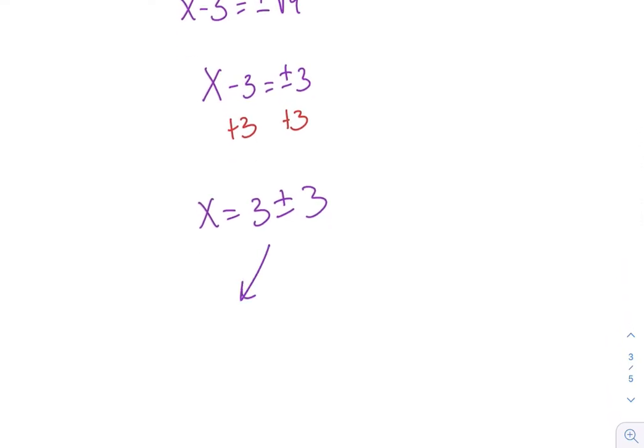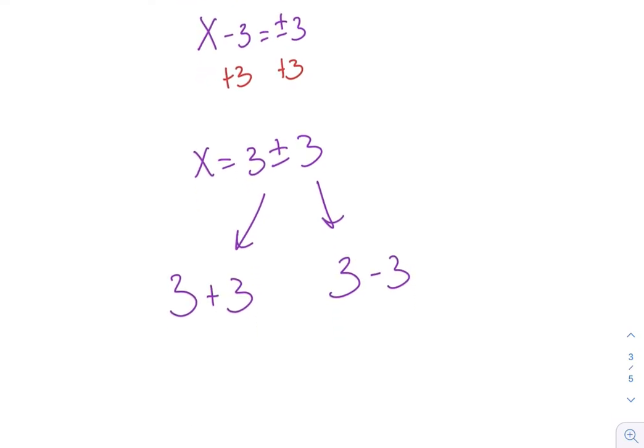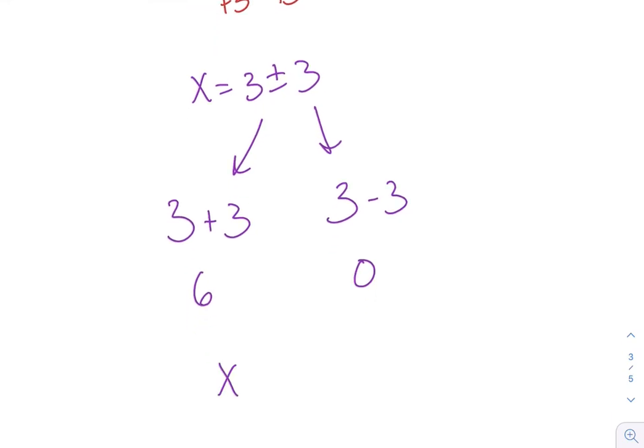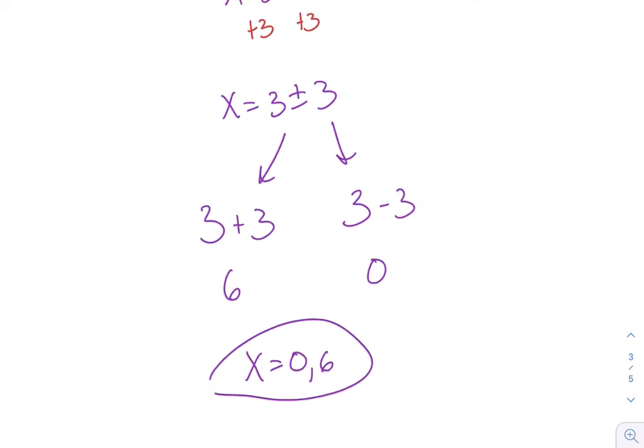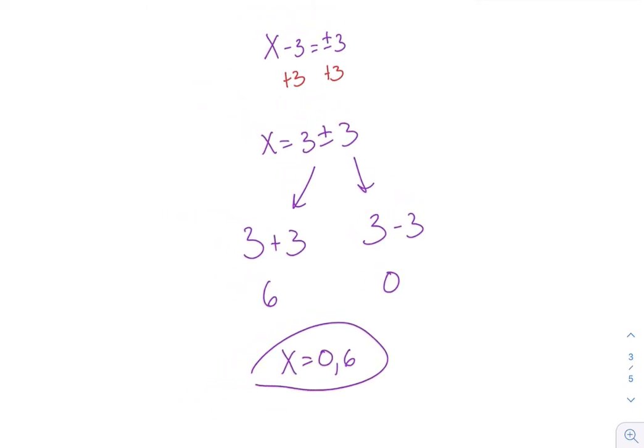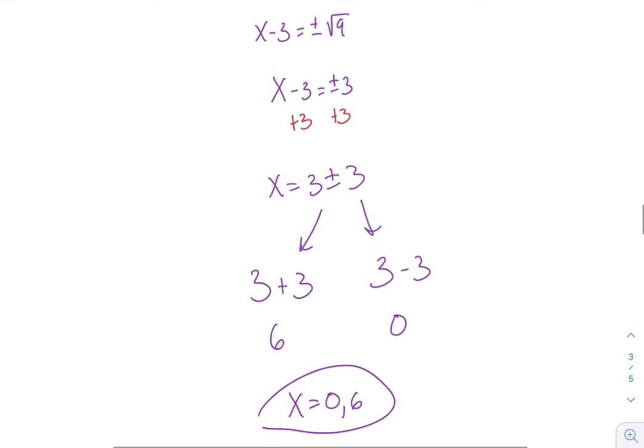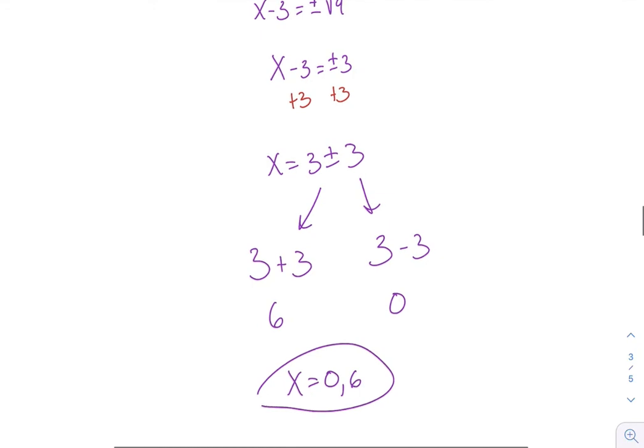I can take this and separate it into two separate problems, one where it's a plus, so 3 plus 3, and one where it's a minus, 3 minus 3. Right? And that gives me 6 and 0. So I get my two answers, x equals 0, comma 6. You want to make sure to simplify to the max. That's why we simplify the radicals. And when it simplifies to an integer, you're going to actually use that plus and minus to calculate your final answer.